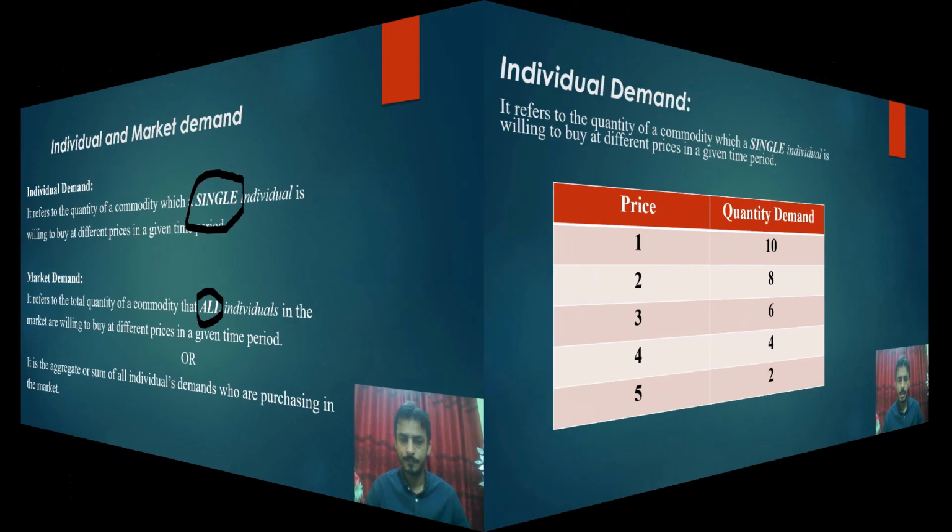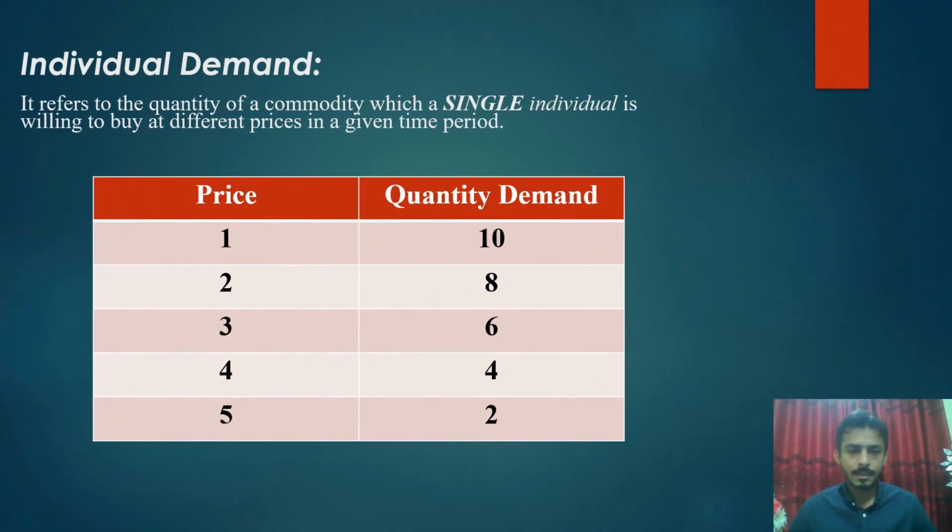So dear friends, look at the demand schedule, the individual demand schedule. The definition is again given here, so you can read it out, and look at the prices. We have two things: price and quantity demanded. You can suppose this is the individual demand for any sort of product. Like yesterday we talked about Dairy Milk chocolates.